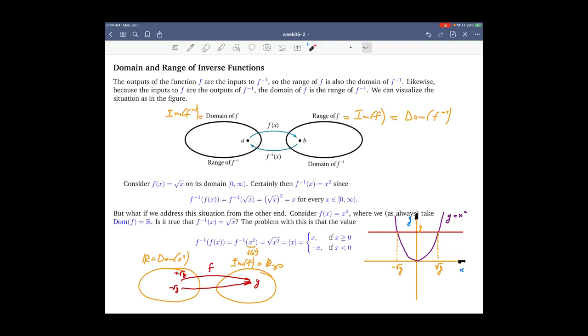The idea is to restrict the domain of the original function, to make it something smaller, so that on the new restricted domain, our original function becomes injective and passes the horizontal line test.